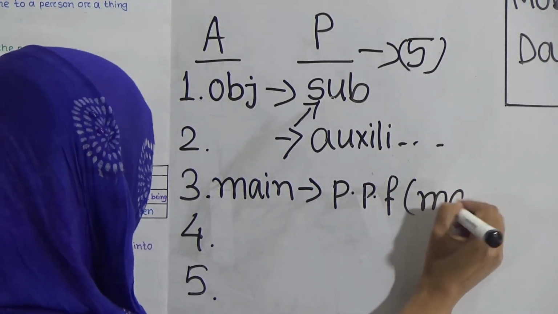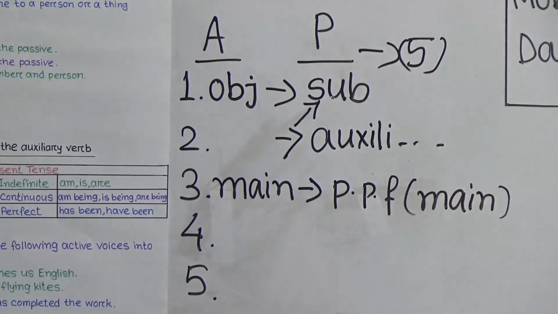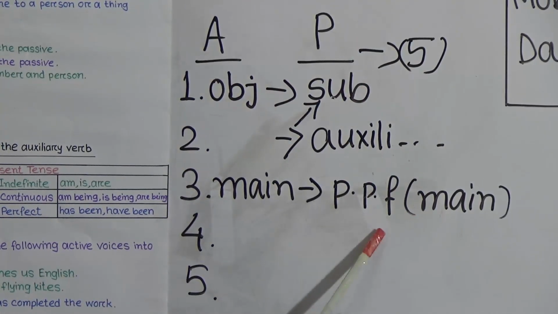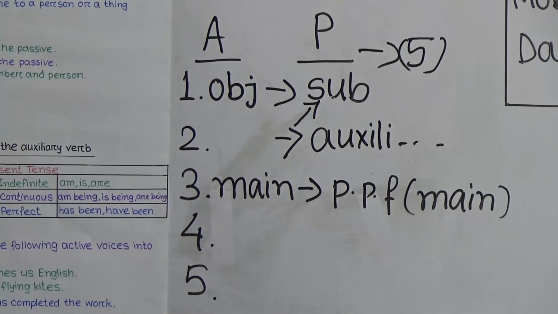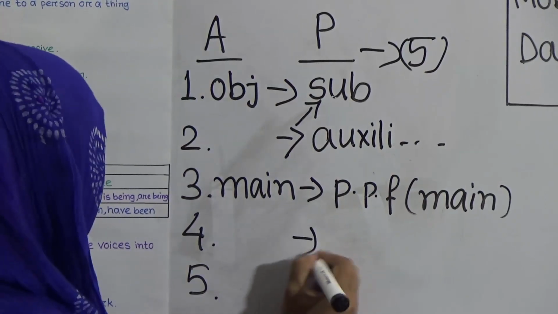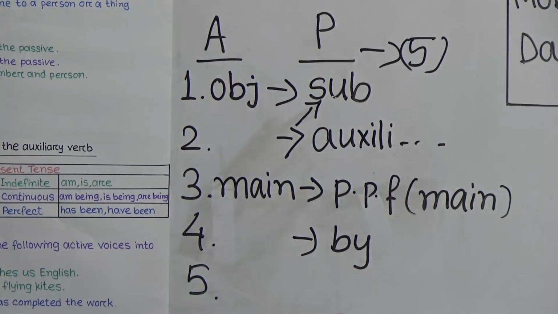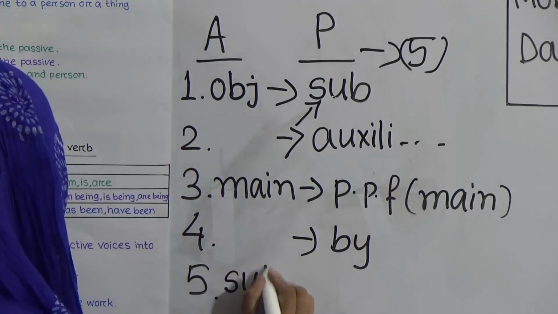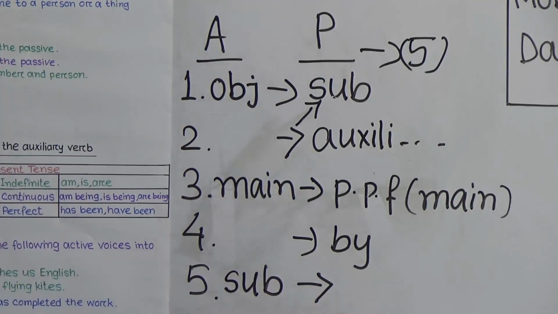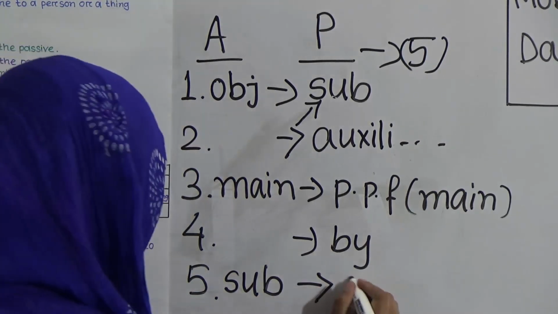If you find eat, then it will be eaten, play will be played. Then you have to use by as a preposition, and then you have to identify the subject of active voice and it will be the object in passive voice.